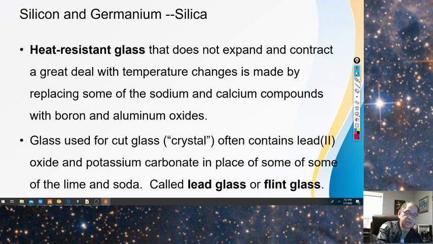Okay, heat resistant glass. How do we do that? Heat resistant glass, how made? This is tiring me out. And then I'm going to say know about cut glass.